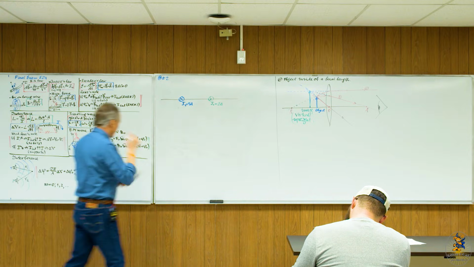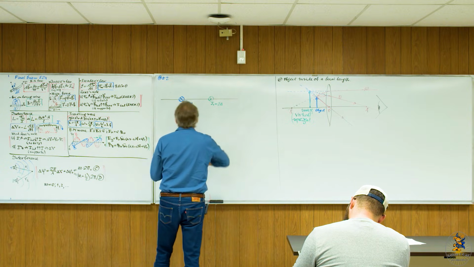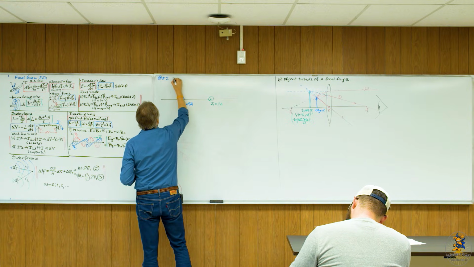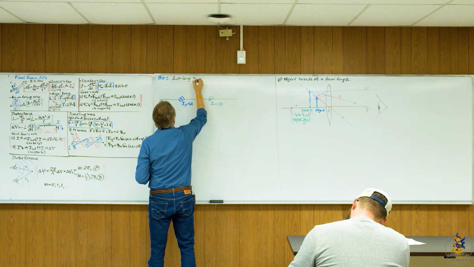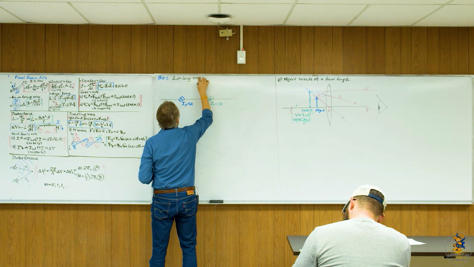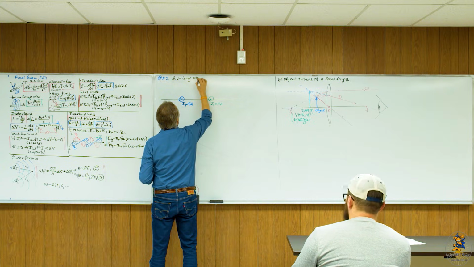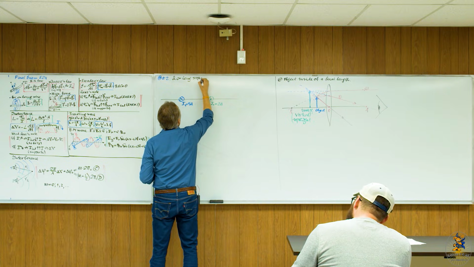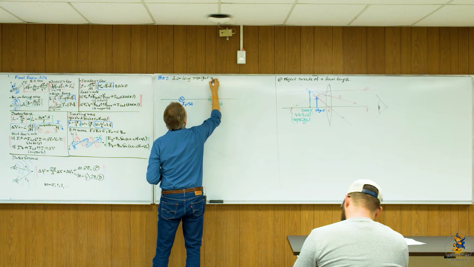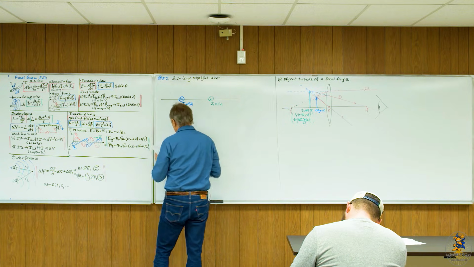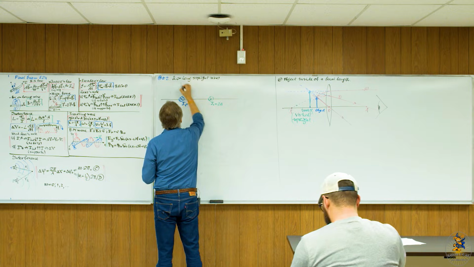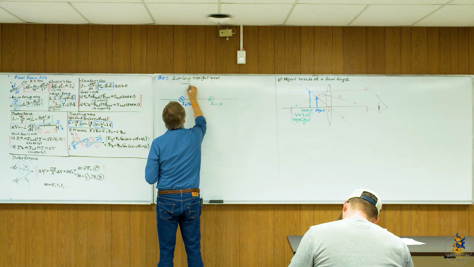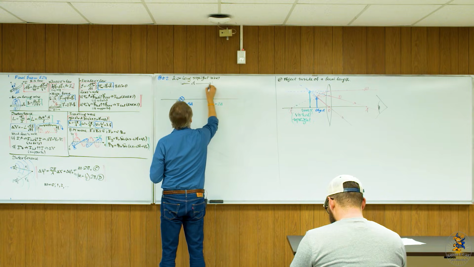Two infinitely long straight wires. Let me write. So we have 2 infinitely long straight wires. Distance between them is given. Let's say this distance is d.